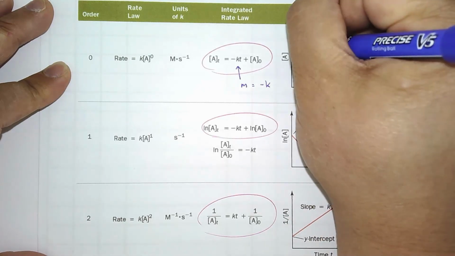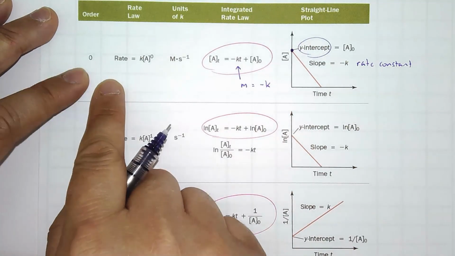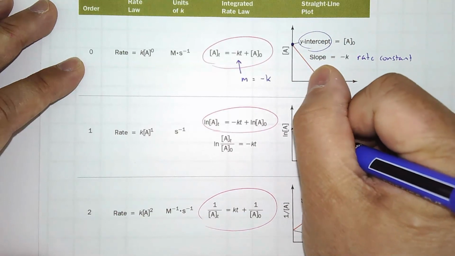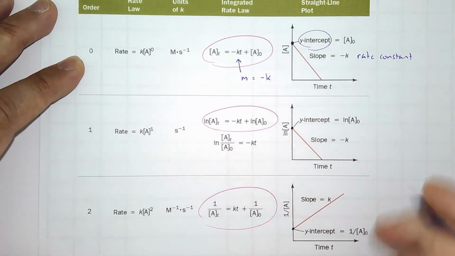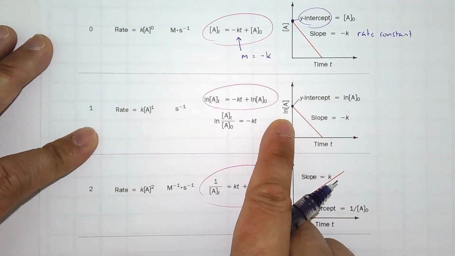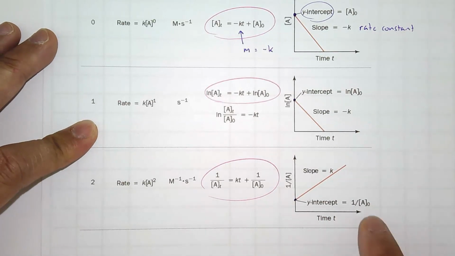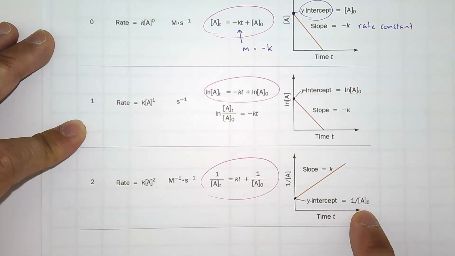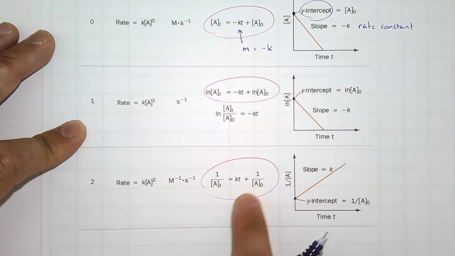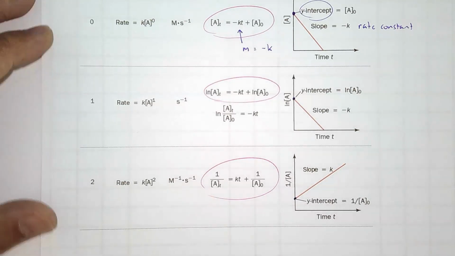So this point right here is the concentration of A if the reaction is following first order kinetics. Now, if you're looking at the y-intercepts for the other two, you just got to remember that the axis is not concentration. The axis is now ln of concentration, or 1 over concentration. But you could still solve for the initial concentration of A to get that number there, and then you could figure out the concentration of A at any time. Does that make sense?